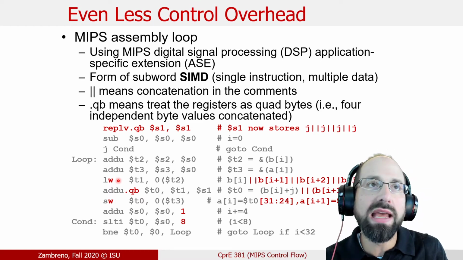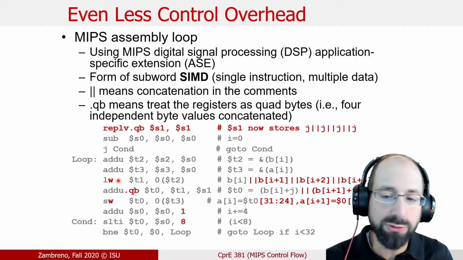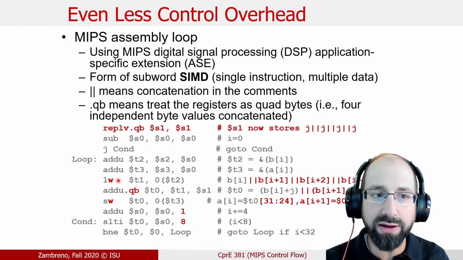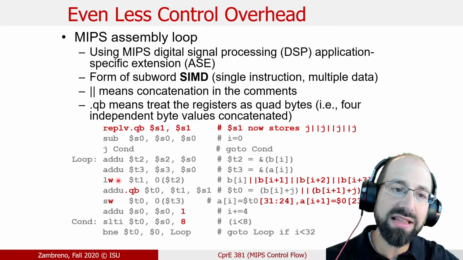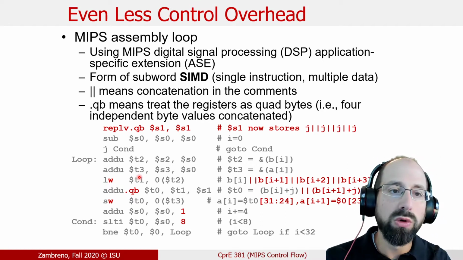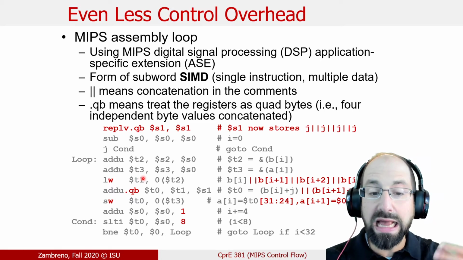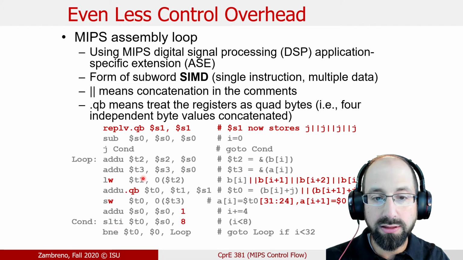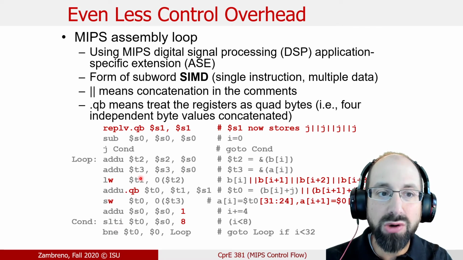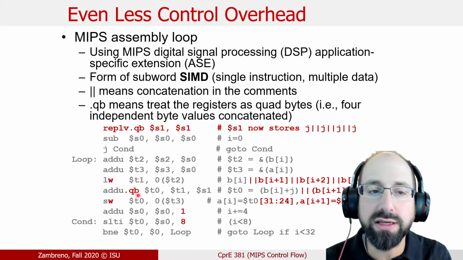There doesn't need to be a load word.quad byte extension instruction at all, because we're just loading 32 bits from memory. Just like the original version of the code, we're still doing a load word here, loading that value into a register. And now instead of iterating 4 times and doing those 4 adds, we actually can just use another one of those SIMD instructions, and that's really the whole point here.